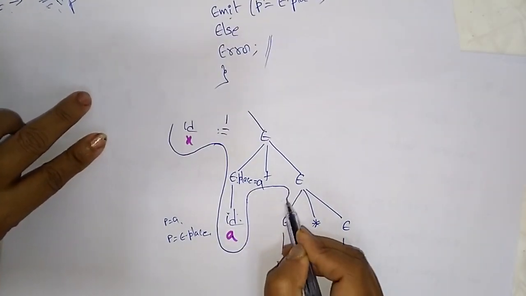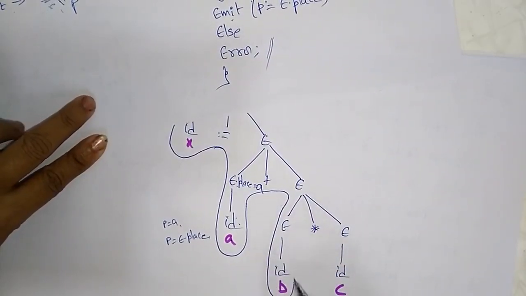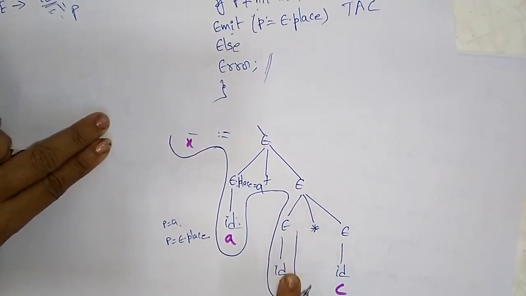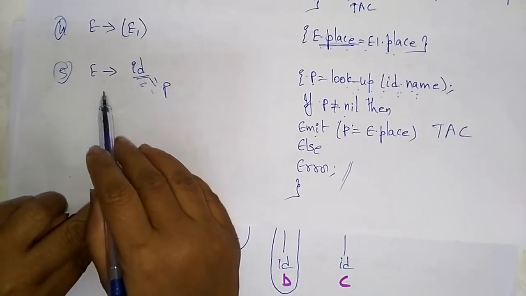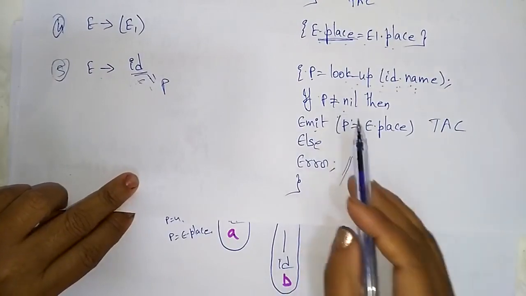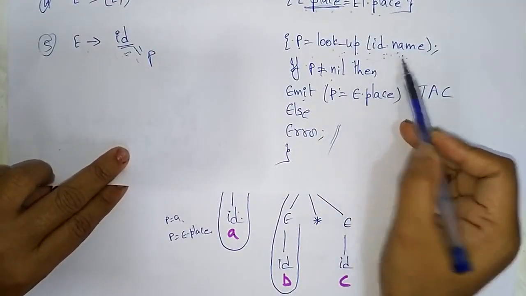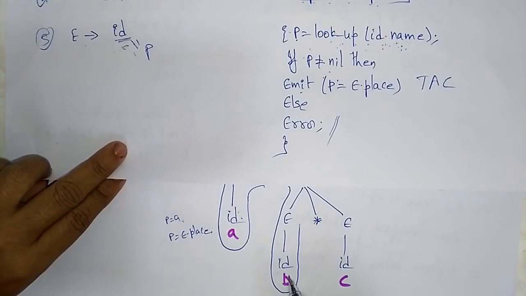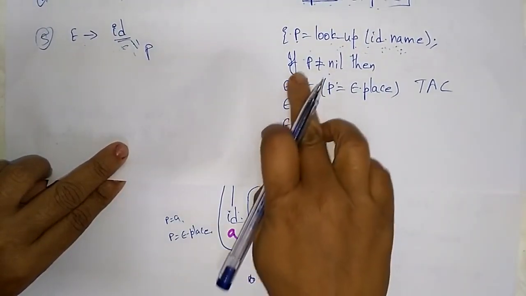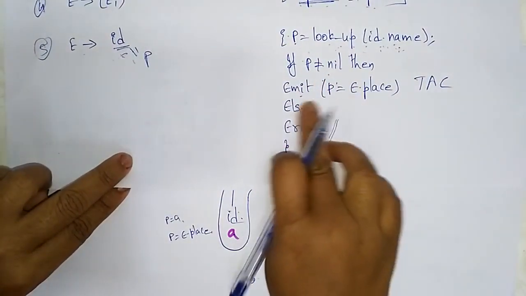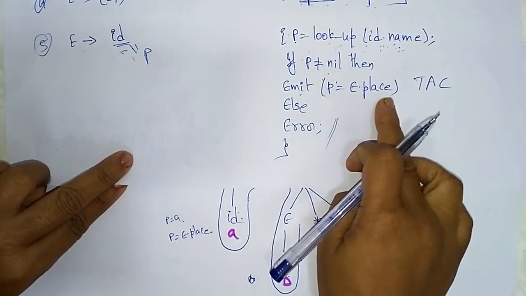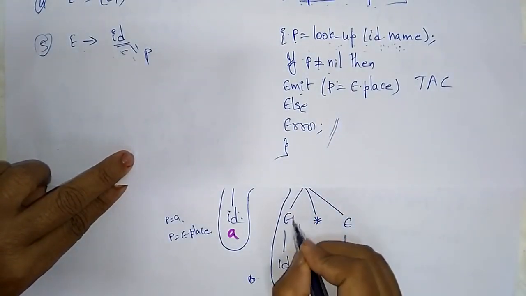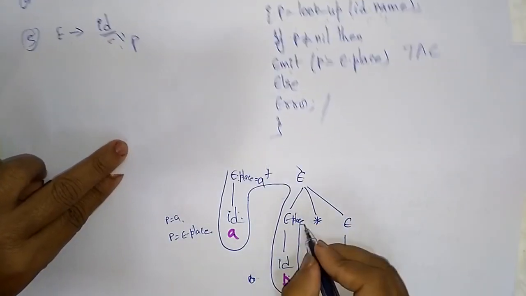Now there is no reduction, and again here there is a reduction. E determines ID, the fifth production. So p = lookup(id.name), where the id.name is b, so p is holding a value. P is not equal to null, so emit the three address code, and in E.place you write the value of p, which is b.